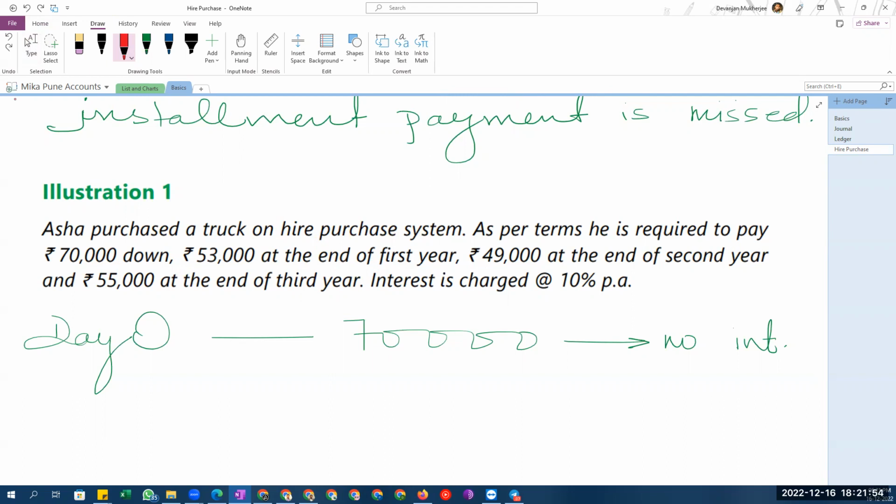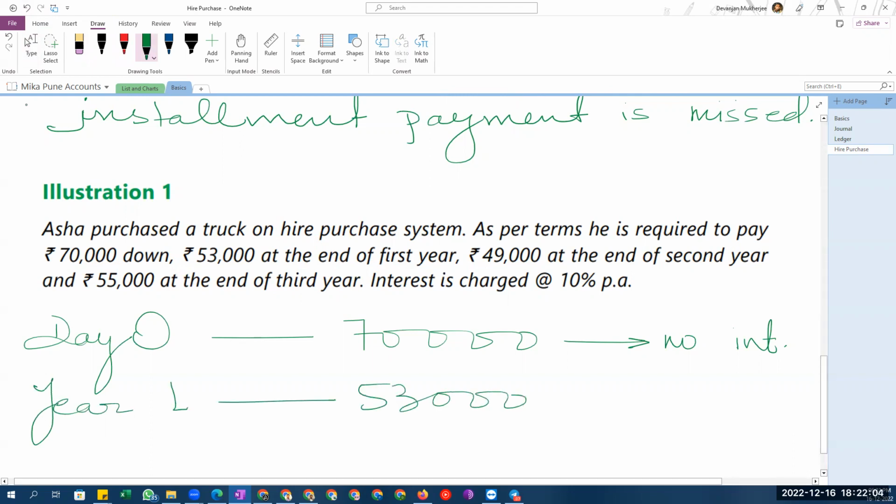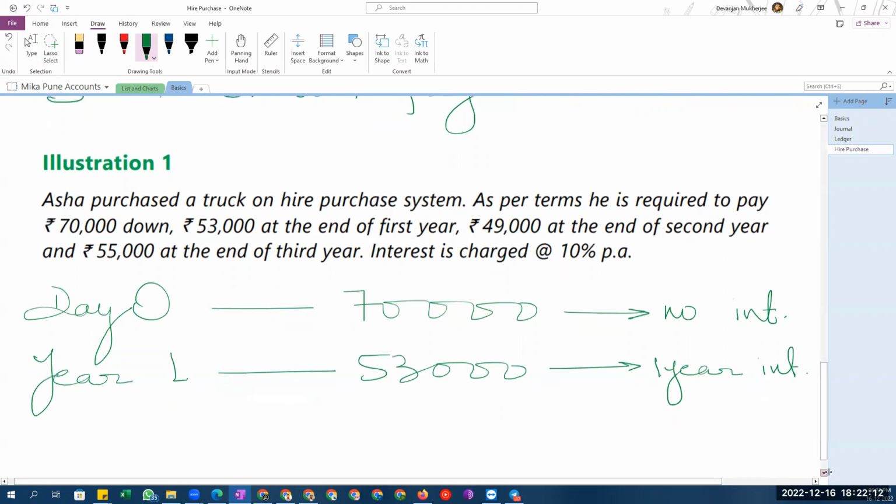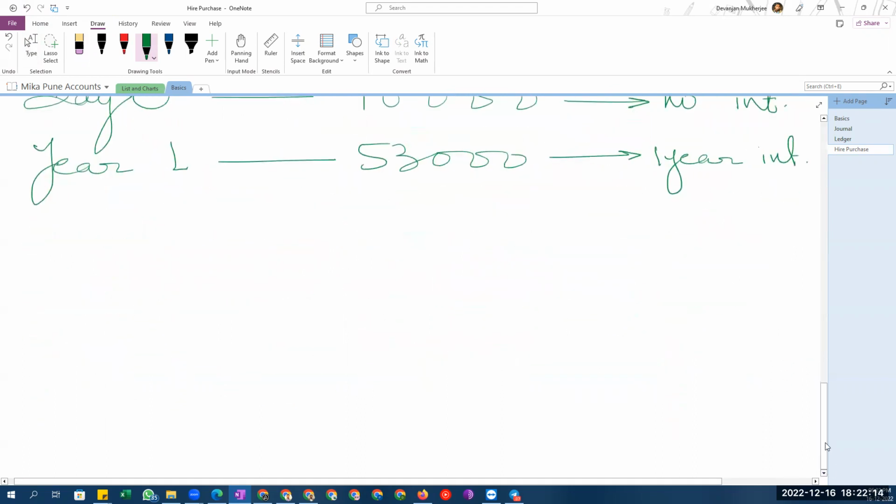Because on day 365, in the first year, we are paying 53,000, meaning that there is 1 year interest on this, isn't it? Now 49,000 is paid next.